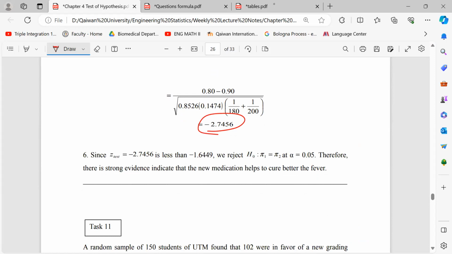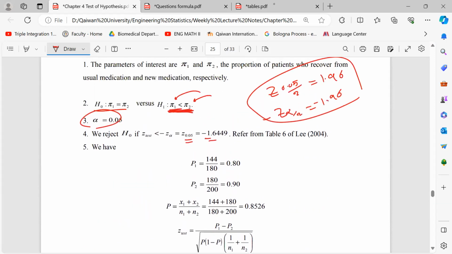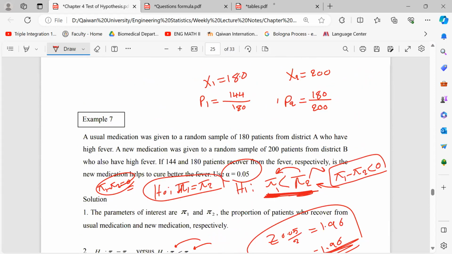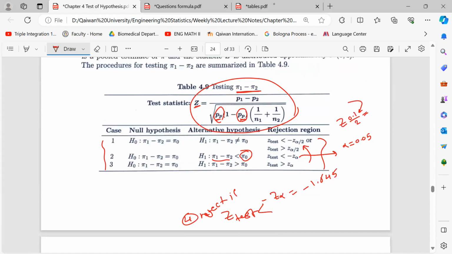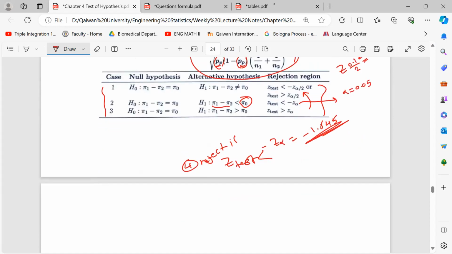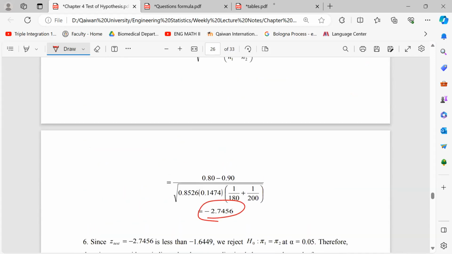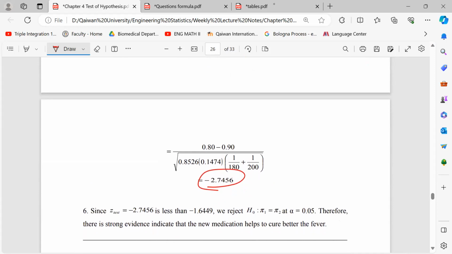Is this less than minus Z of alpha? This one is minus 1.645. Is this less than minus 1.645? Yes, it's minus 2.7.